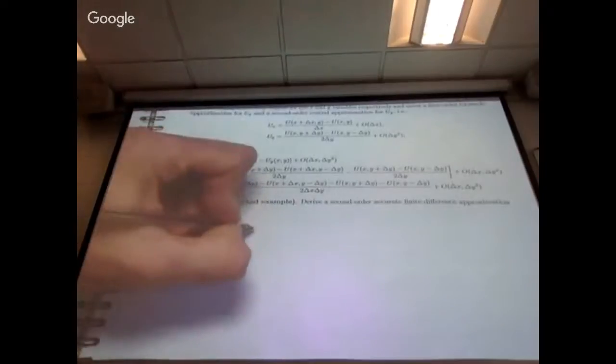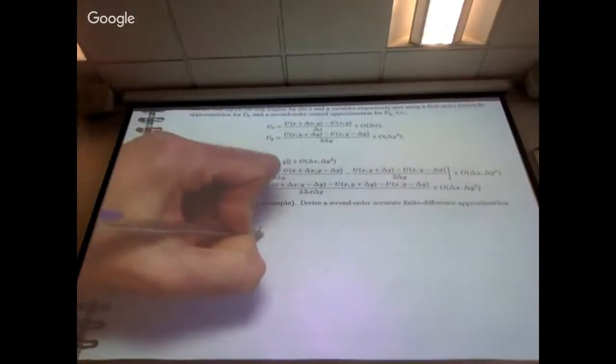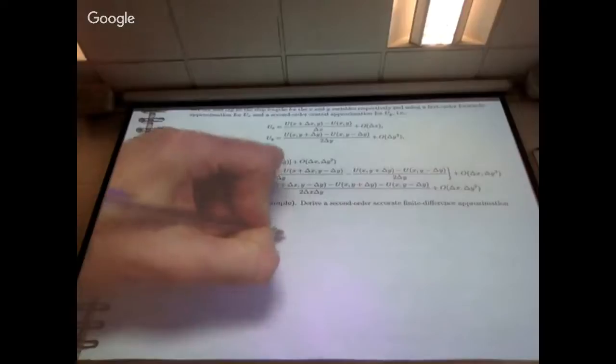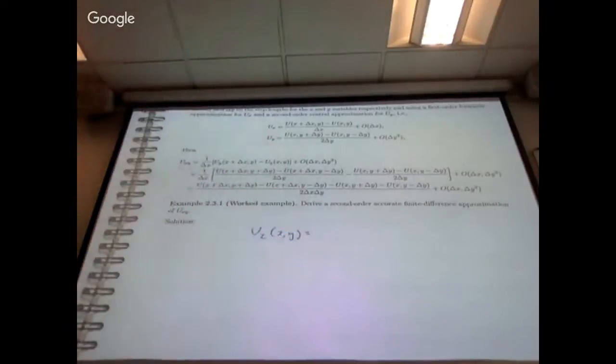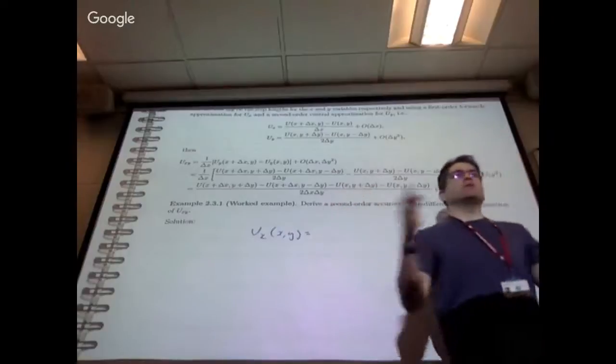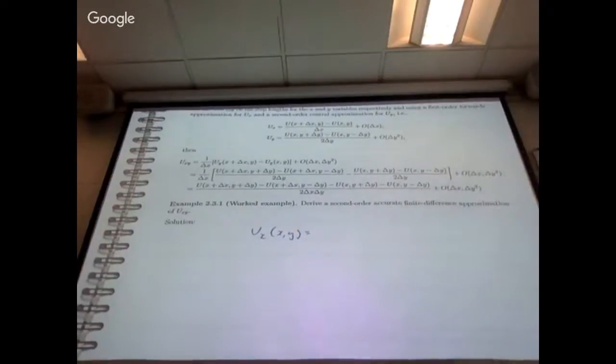So I'm going to do similar, but this time I'm going to use second order in both directions.